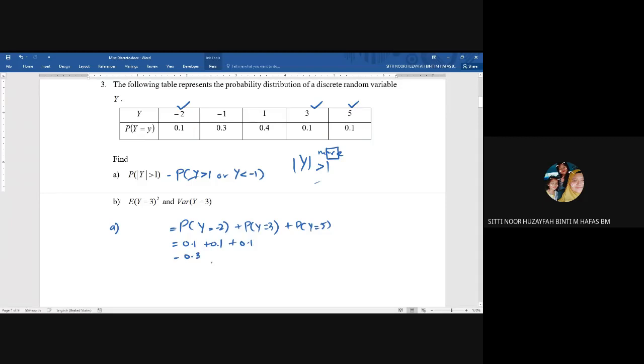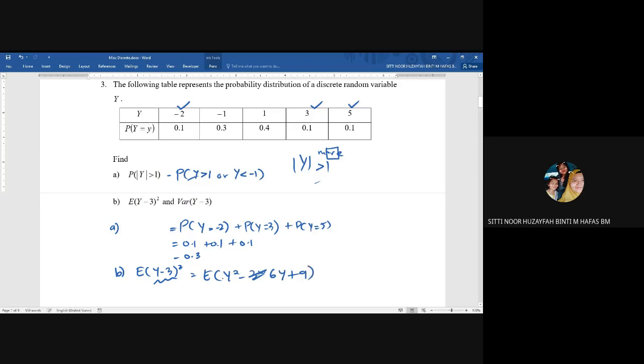And then for question B, I don't think we have to discuss it. We can just skip, because we just want to find the expected value of (y minus 3) squared, which is an expression we need to simplify first. How to simplify? By expanding it. So it will be y squared minus 6y plus 9.